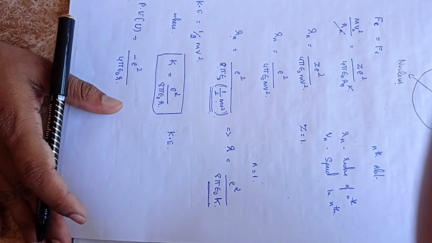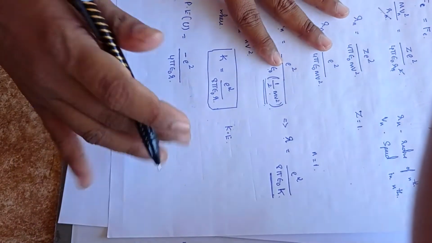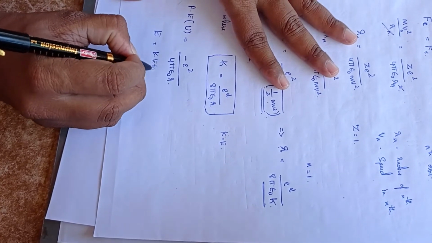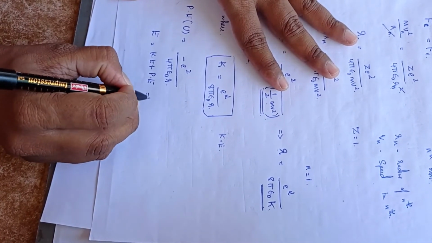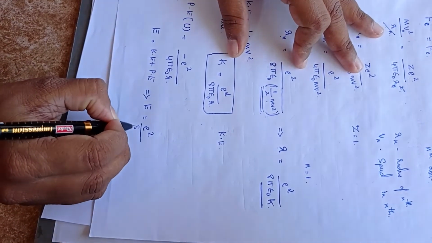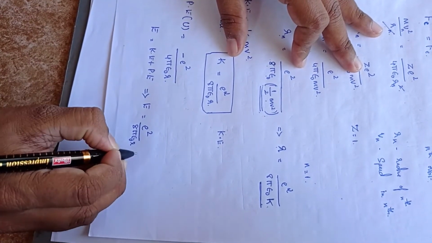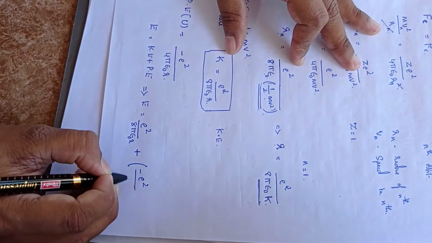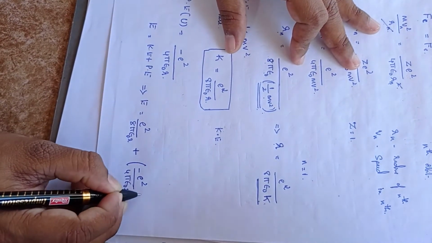Now we require total energy. Total energy is nothing but kinetic energy plus potential energy, right? So total energy E we can get as e square by 8 pi epsilon naught r plus minus e square by 4 pi epsilon naught r.